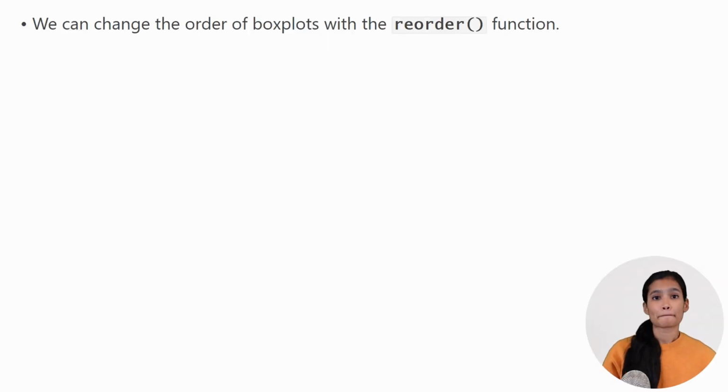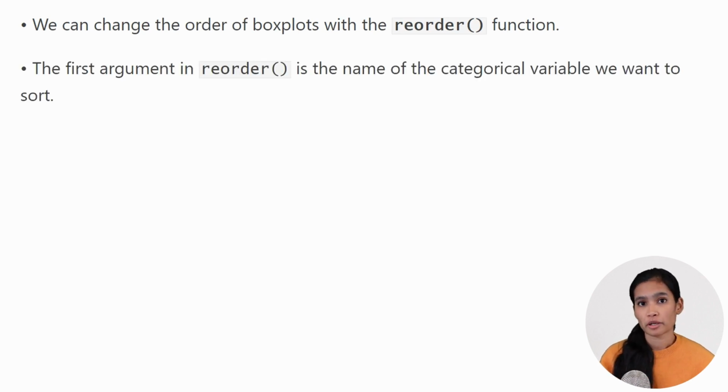We can change the method used to order the box plots using the reorder function. Let's look at the syntax of the reorder function. It has a minimum of 2 or 3 arguments that you supply in order to tell it how to reorder the categorical variable. The first argument we want to give reorder should be the categorical variable that we want to sort.